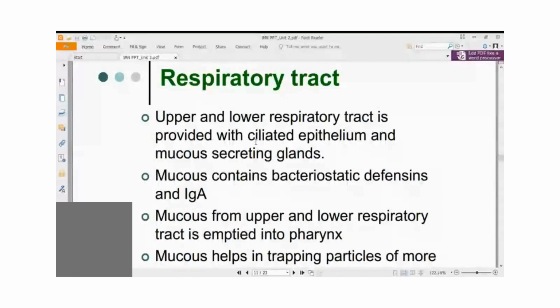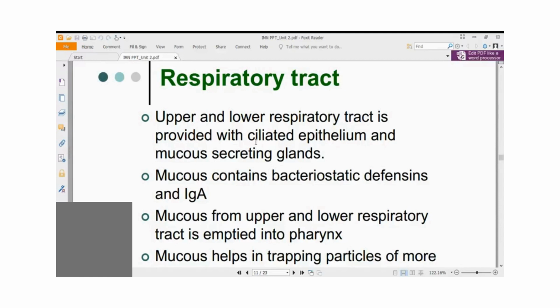So remember, this mucus that is secreted by the epithelium in the respiratory tract, that is in your nostrils, as well as the tracheal and the bronchial epithelium, is responsible for secreting the bacteriostatic defensins, which we'll be discussing in a few minutes from now. Defensins are proteins, and there is also secretory immunoglobulin A, IgA. Secretory IgA makes its presence here also.